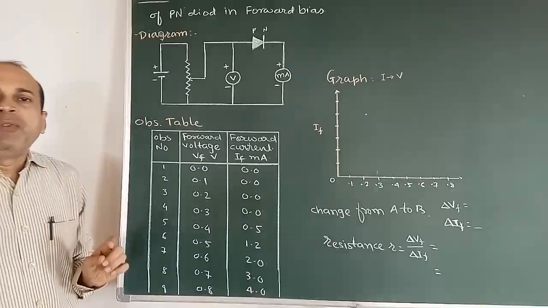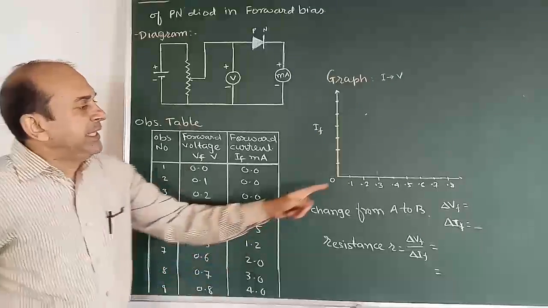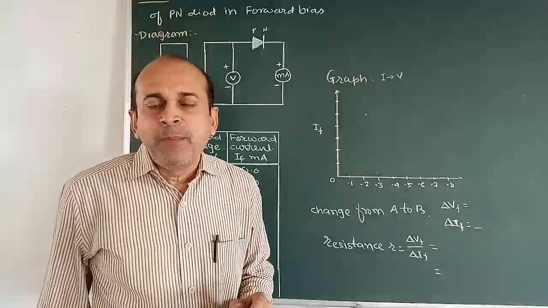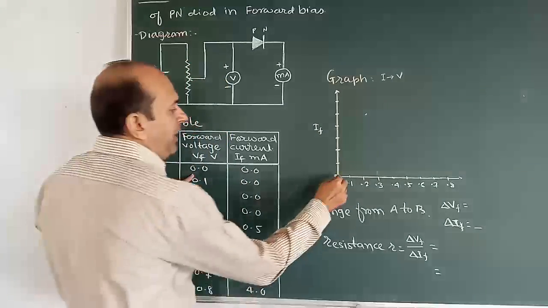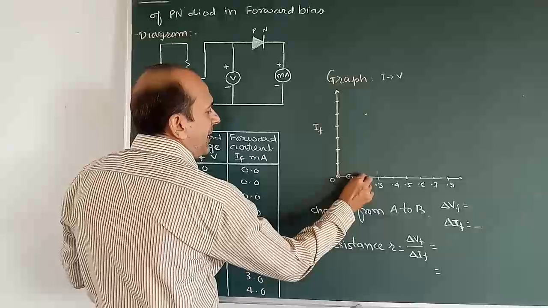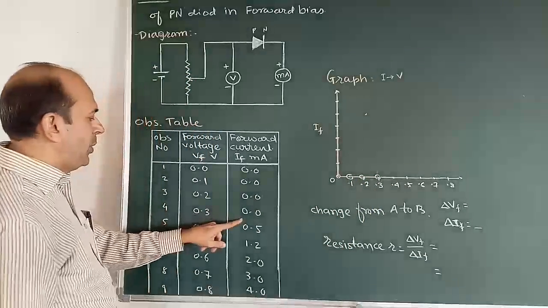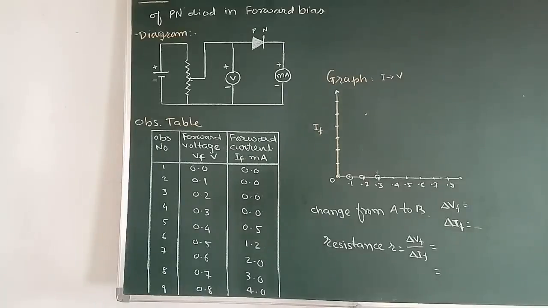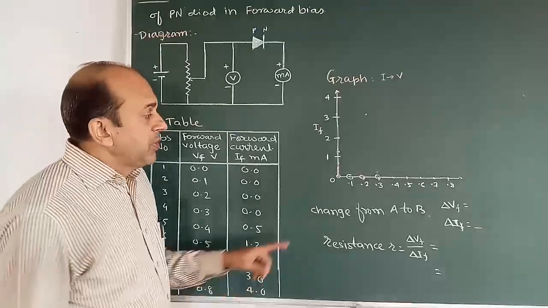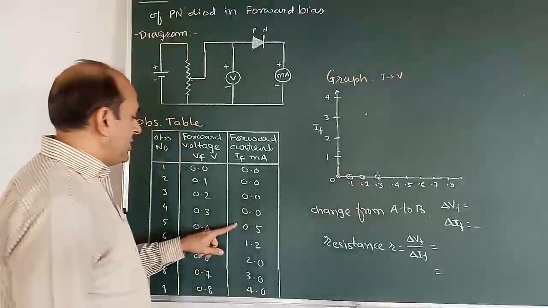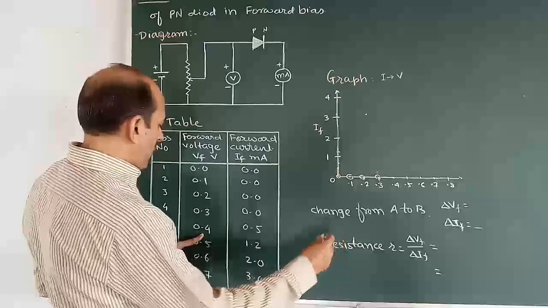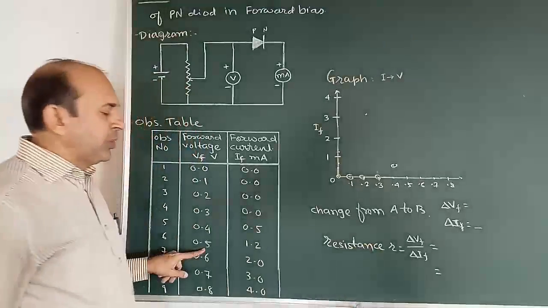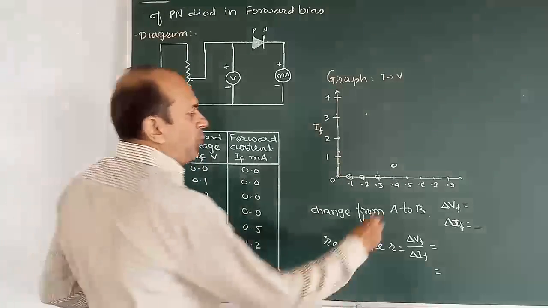Now let me plot the points for this in a graph, and let me show the nature of the graph. So first I am plotting the points. It is 0, again 0, again 0, 0.3 it is 0, 0.4 it is equal to 0.5. Now for 0.5 it is equal to 1.2.